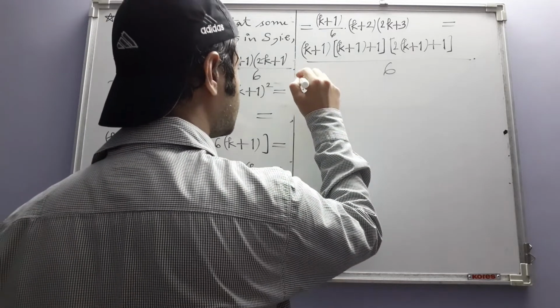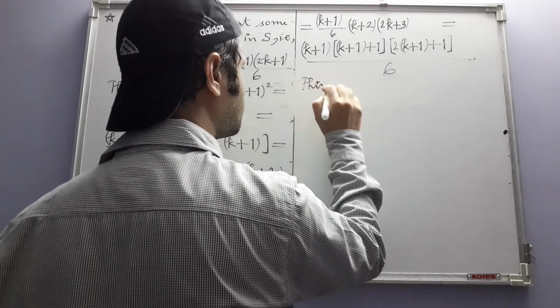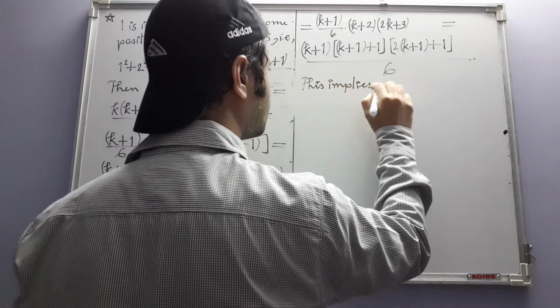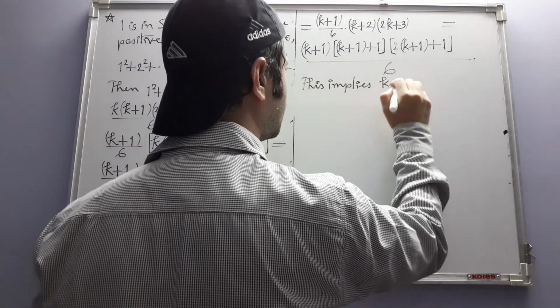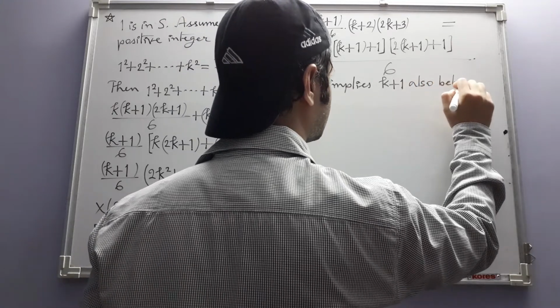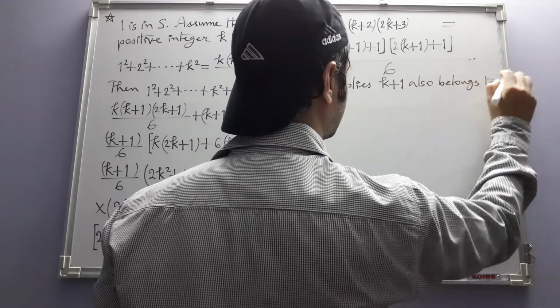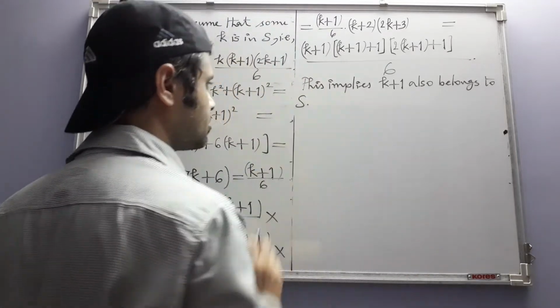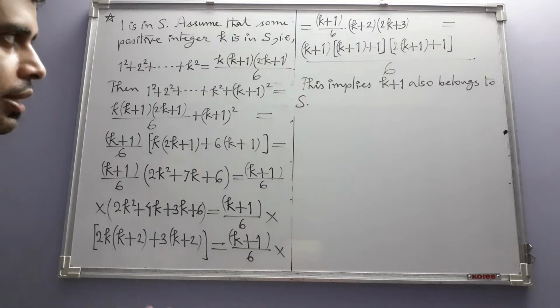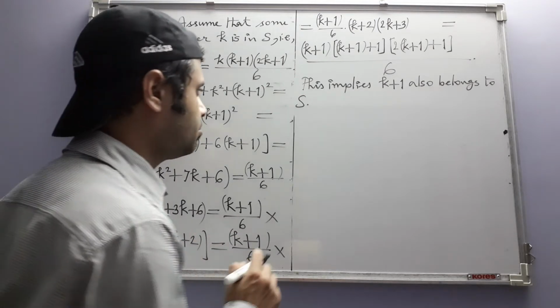This implies k plus 1 also belongs to S. So that means the second condition in the principle of finite induction is also true for S. So by the first principle of finite induction, S consists of all the positive integers.